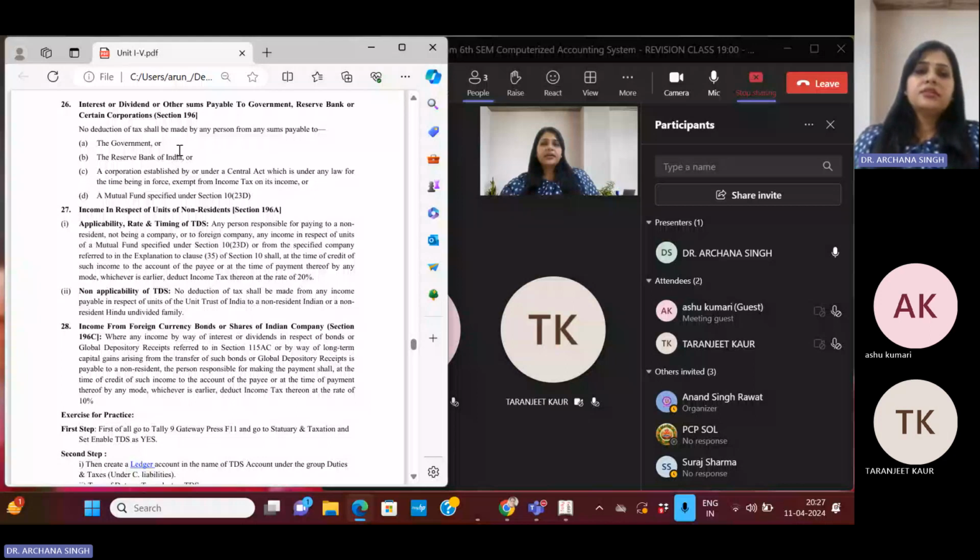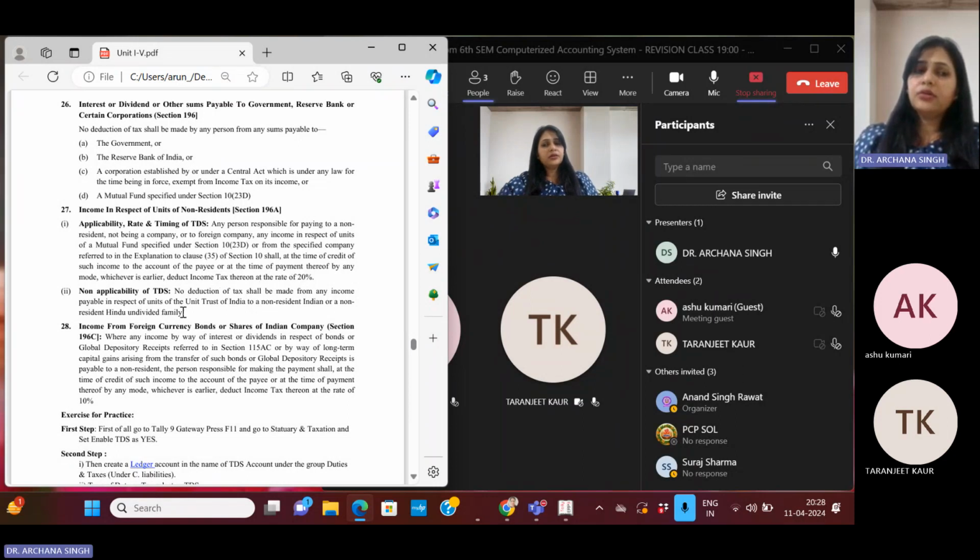Okay, then income in respect of units of non-resident, section 196A. What it says: any person responsible for paying to a non-resident not being a company or to a foreign company any income in respect of units of a mutual fund specified under section 10(23D) or from a specified company referred to in Explanation clause (35) of section 10, shall at the time of credit of such income to the account of the payee or at the time of payment thereof, whichever mode they are using, deduct income tax at the rate of 20%.